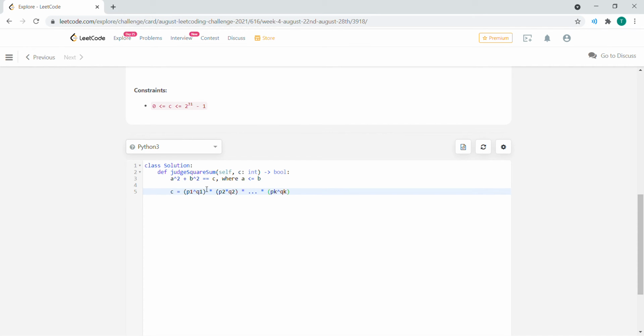So this is the factorization of c using Fermat's theorem. If we use this approach, we can scan for each prime number factor within c.